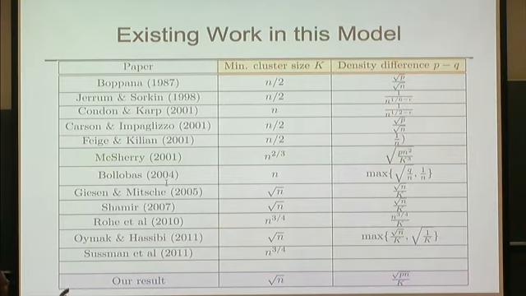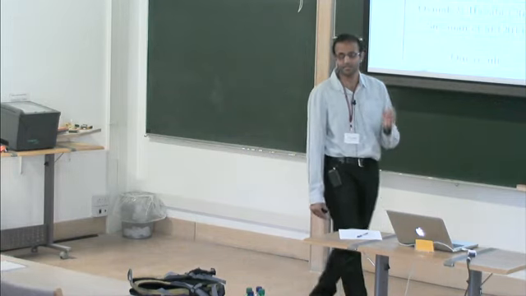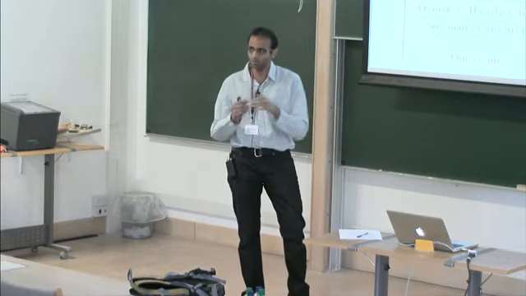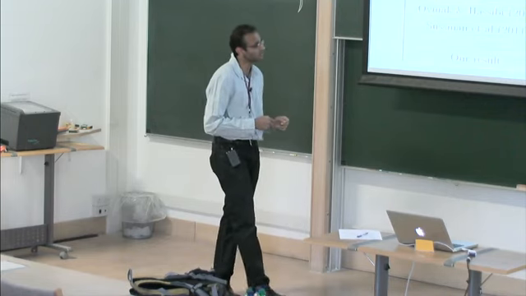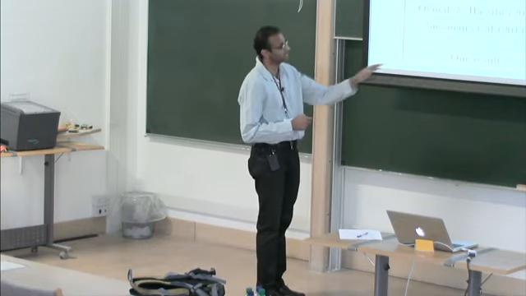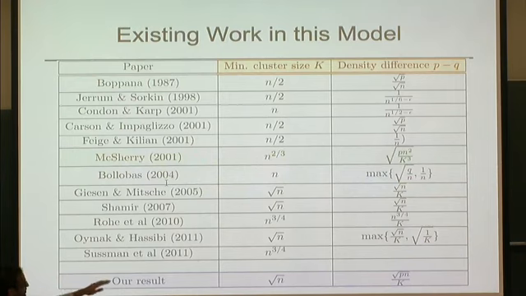Right. So what we want is that the first column should be as small as possible, and the second column should also be as small as possible. The smaller each algorithm is in both these columns, the better it is, because it can detect a sparser graph with a lower density difference and with a smaller number of communities. And so the state of the art in the first column was square root n, and we also are able to achieve square root n.